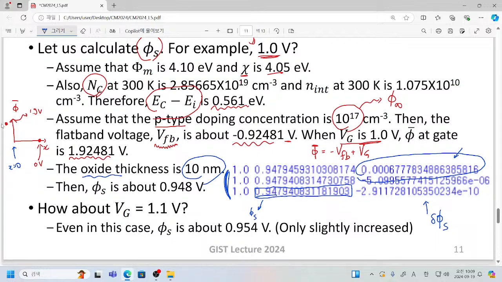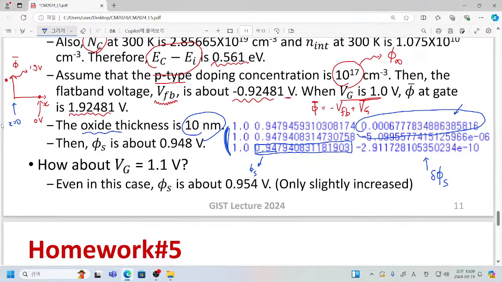And please have a look at this final paragraph. How about the case when we apply an additional 0.1 volt? Instead of 1.0, now we have 1.1 volt. Now we applied an additional 0.1 volt, and phi bar becomes 2.0 volt.